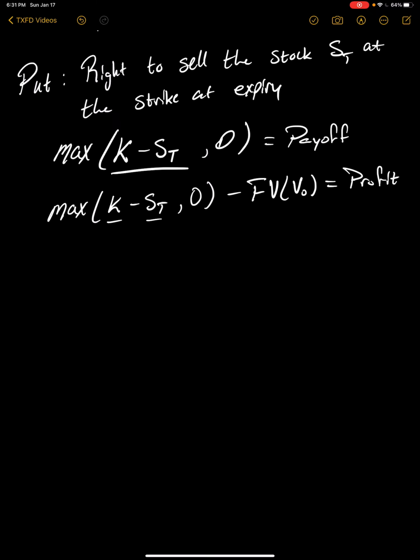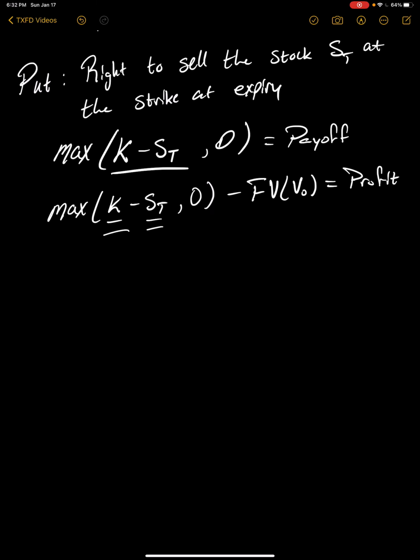So maybe to offset that position as a hedge, you'd want to buy a put to protect from a decrease in value, to be able to sell off your stock at time T for at least this strike. And so that's like the worst you could do: at time T you could sell it off at the strike price. So maybe that's why you would also want to buy a put, if you actually own the stock and you wanted to protect from a price decrease.